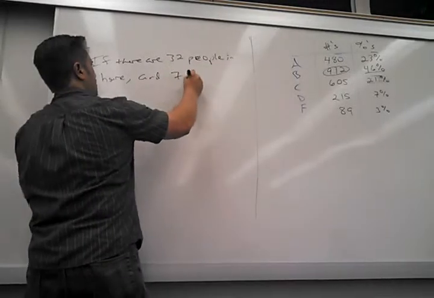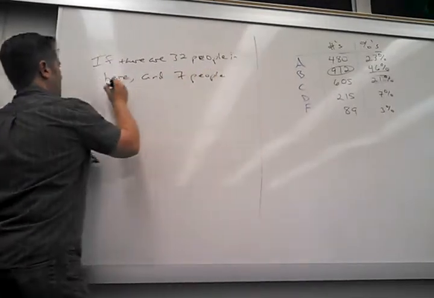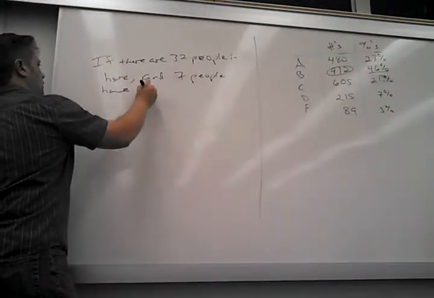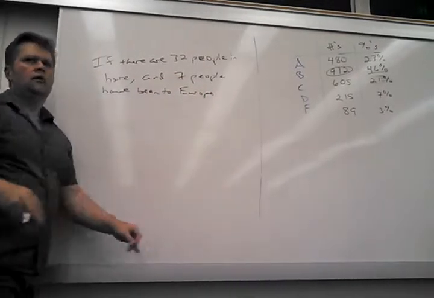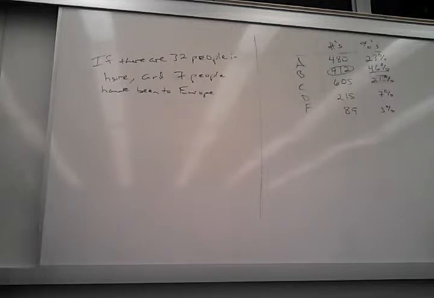Okay, 7 people have gone to Europe. You guys with me so far? So you should have a feel for this. Is it more or less than half the class? Less. Is it more or less than a quarter of the class? That's where it starts getting close.